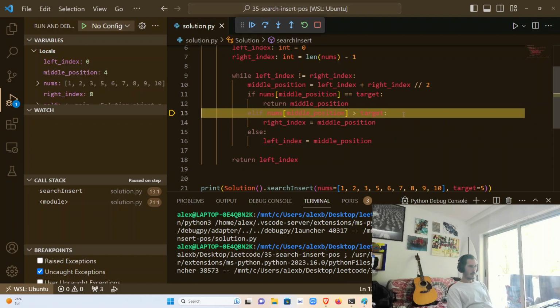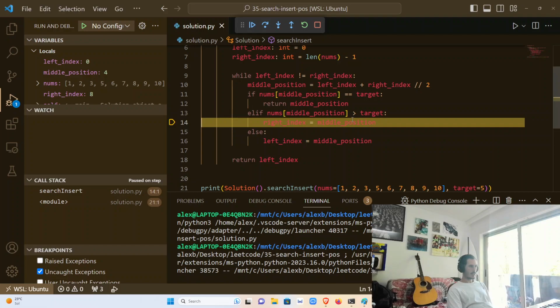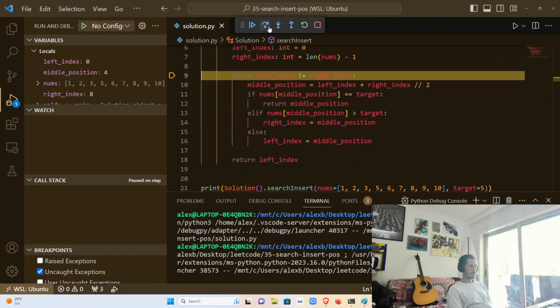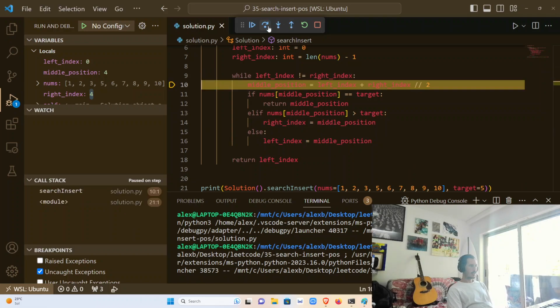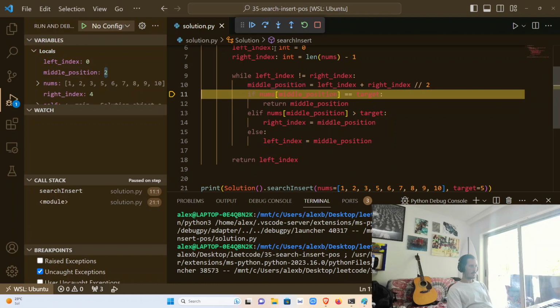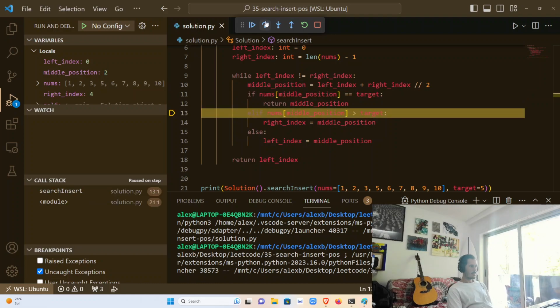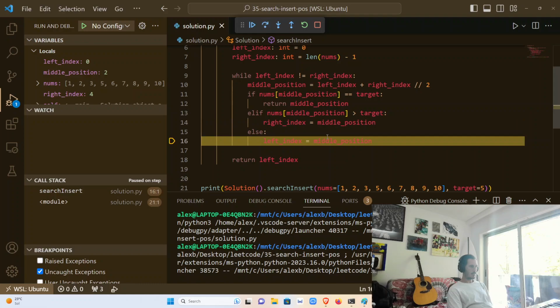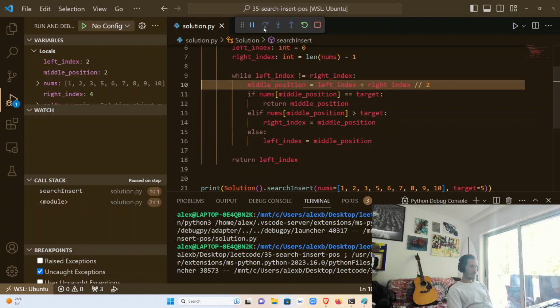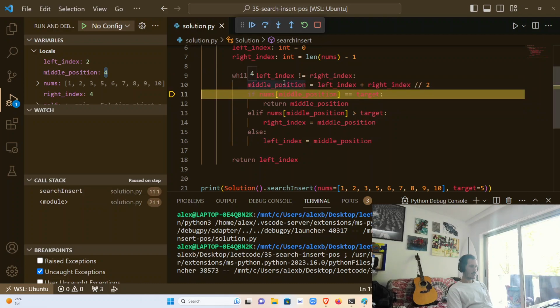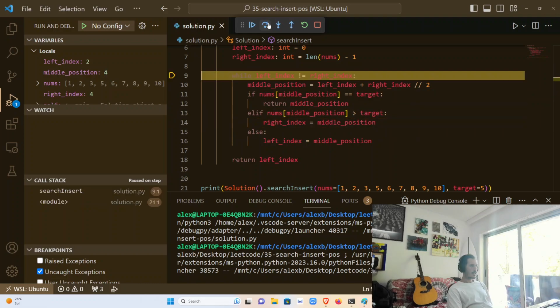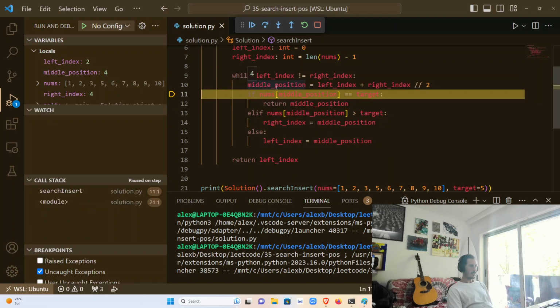It's different, but it's going to be bigger than the target, so right index is now 4. So now middle position is 2, which is going to be lower. So now middle position is, oh, yeah, okay, I get it. It's kind of looping everywhere.